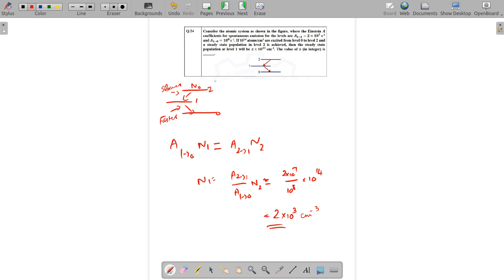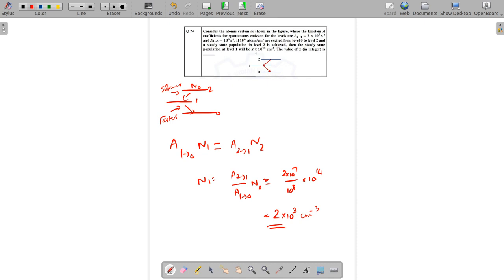If you pump some N0 atoms in, that decay happens, but they suddenly decay down here also. Whatever comes in, something is coming down, so it suddenly reaches a kind of steady state.